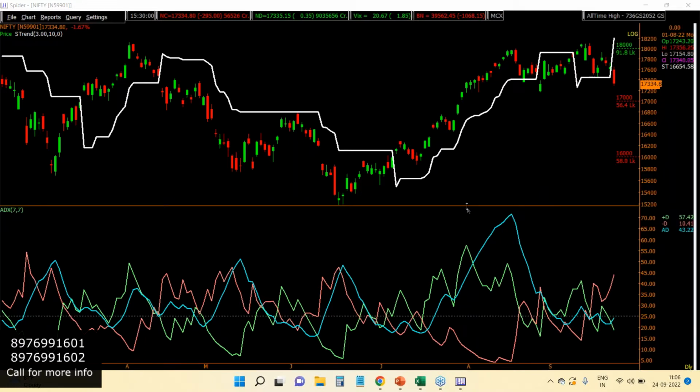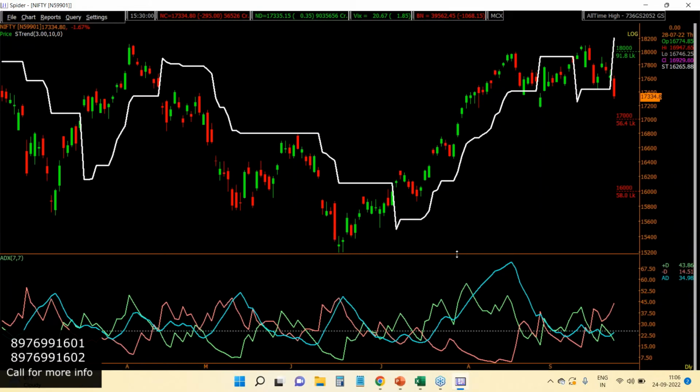So these were the two particular lines that we discussed a minute before. In case someone has just joined, we have only discussed the components of ADX. To find the momentum using ADX, you have to use these two lines, positive DI and negative DI. Similarly, if you look at this particular point, the ADX was at its peak, correct.